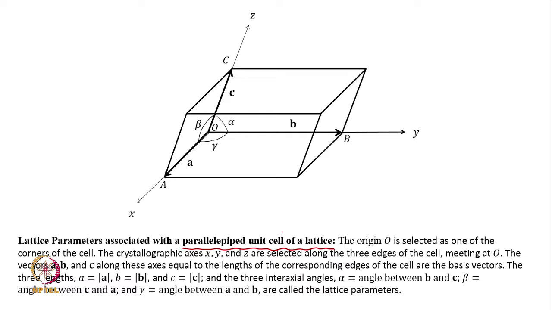Then by convention, one of the edges is called A. So, that is the basis vector. So, now these are the basis vectors A, B and C. And for any given basis vectors, yesterday we saw that we have primitive basis vectors and non-primitive.